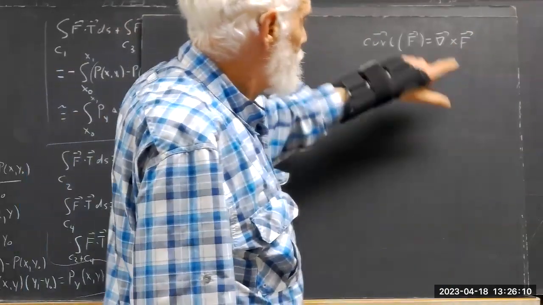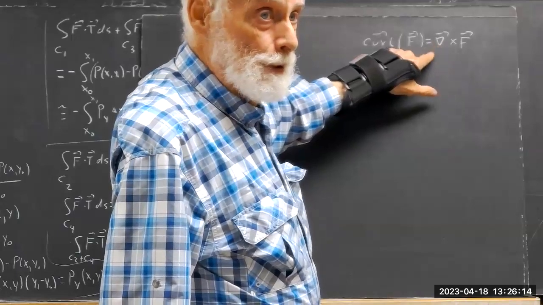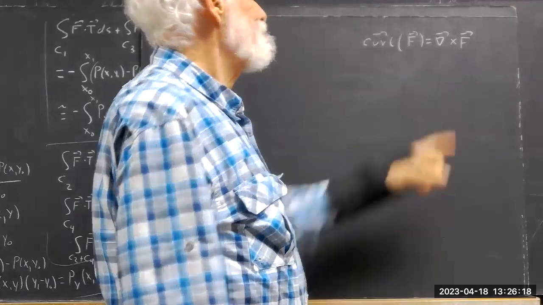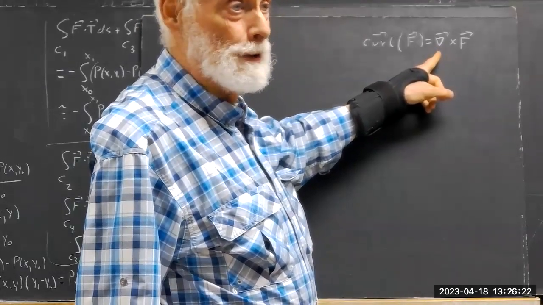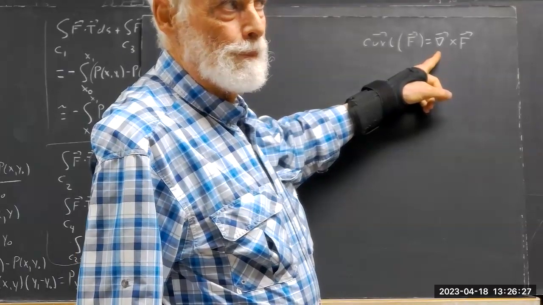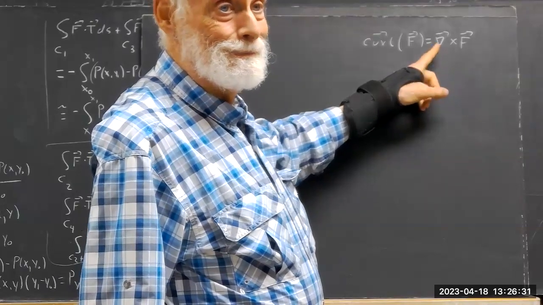Okay. We've already seen the del operator review the gradients. We can use it to do a cross product, even though the del operator isn't really a vector, but we treat it as a vector. You both have some insightful comments.